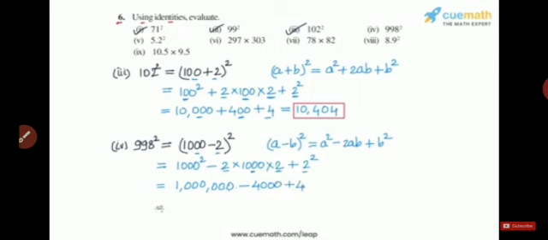And first we add the first and third term and subtract the second term. We get 996004, that is the square of 998.